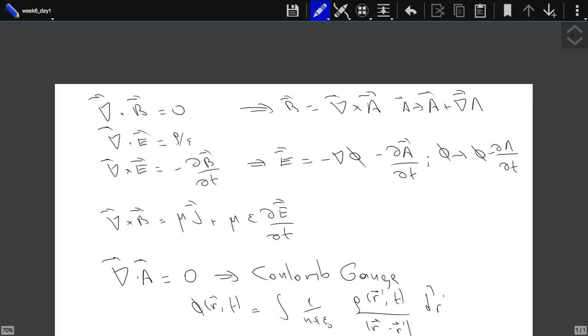You can always choose a lambda such that phi is 0. That would be a nice choice, for example, because it will eliminate one of the unknown functions. There are 4 functions that we need to solve. But by choosing phi equal to 0, you are eliminating one of them, so there are 3 left.